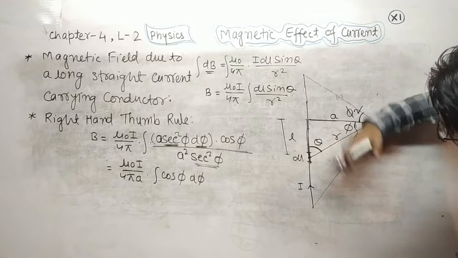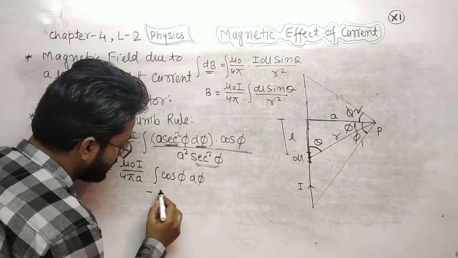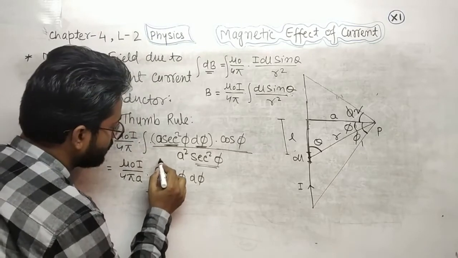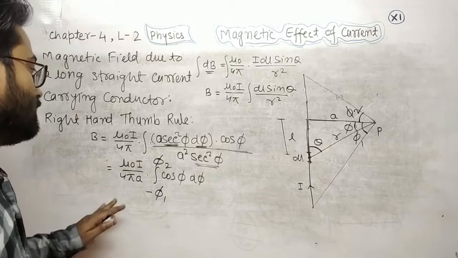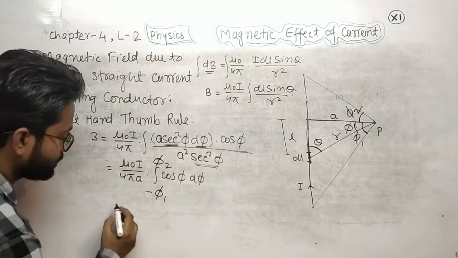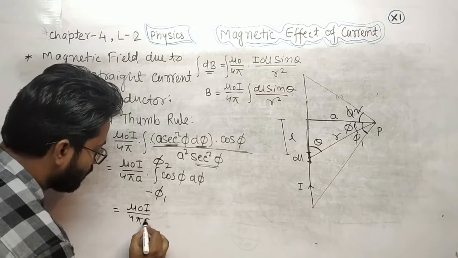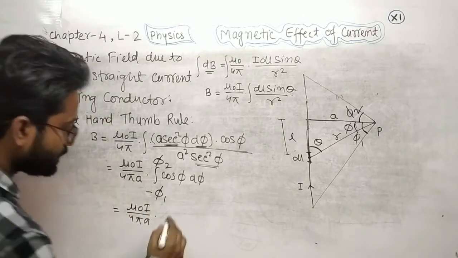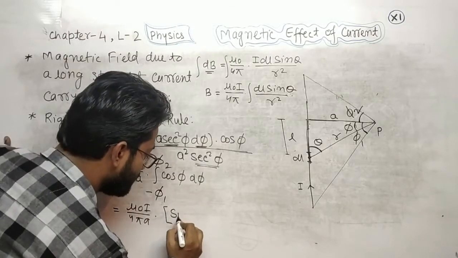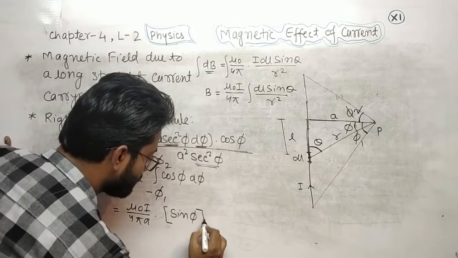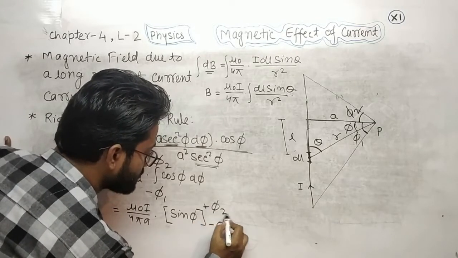This is in the negative direction, so from minus phi 1 to plus phi 2. Just integrate and get the answer: mu naught I upon 4 pi A times the integration of cos phi, which is simply sine phi, from minus phi 1 to plus phi 2.